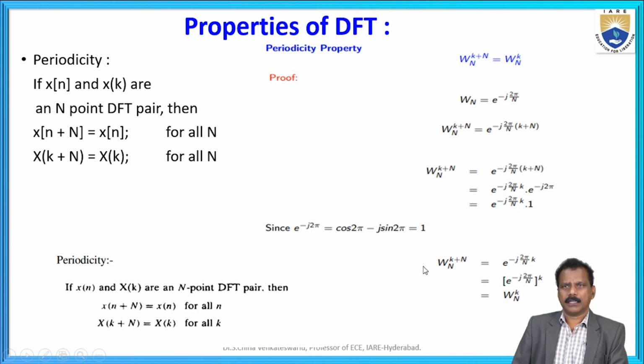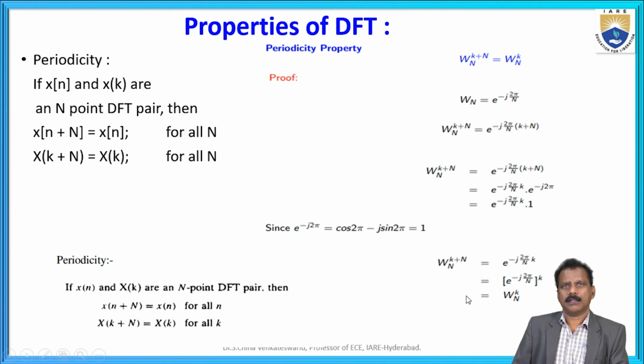Finally, the weighting function or twiddle factor W_N power k plus N is equal to e power minus j 2 pi by capital N into k. Here the k is common, so W_N power k plus N is equal to W_N power k.